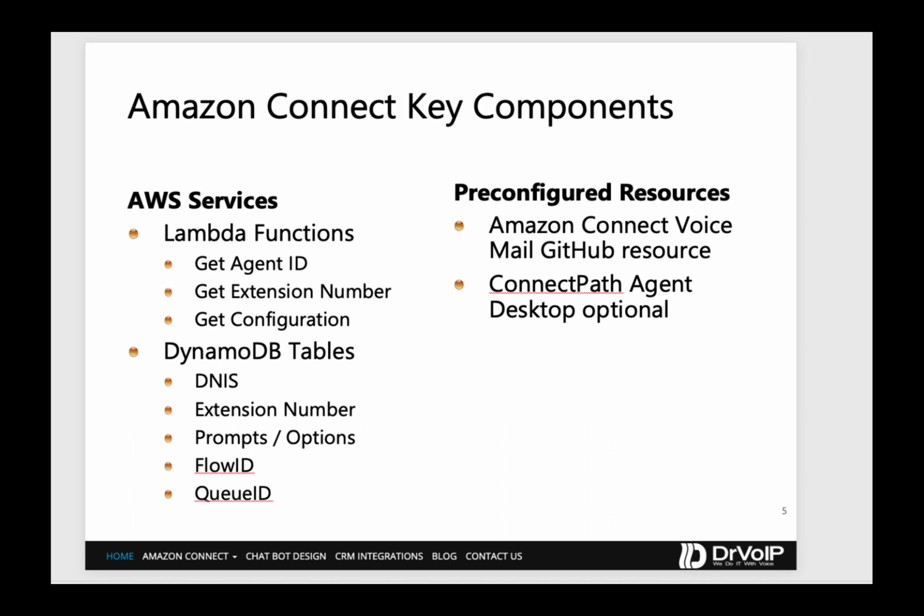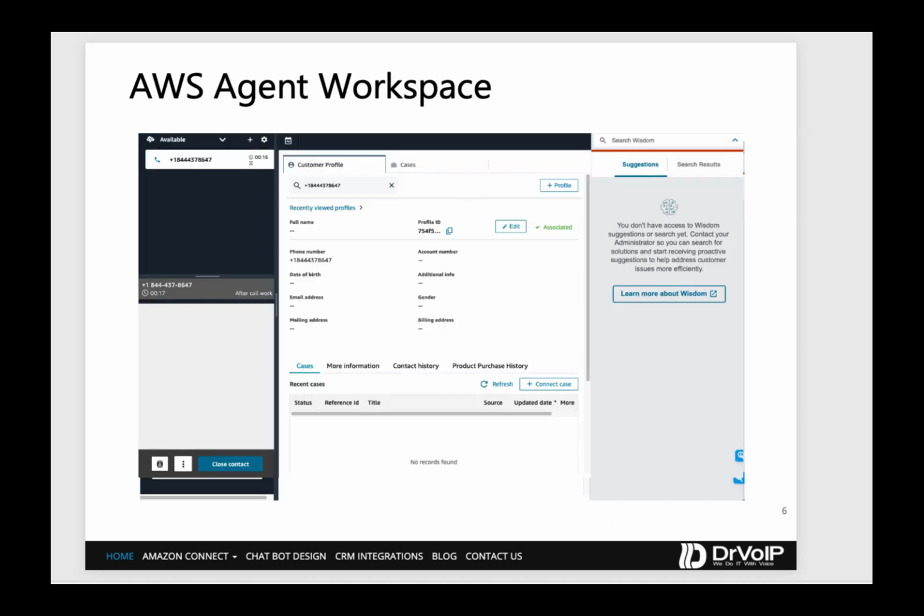Likewise, there's an agent desktop that we recommend, ConnectPath, formerly Dexter, and you will want to take a look at that. Whether you decide to use it or not is up to you, but it is part of this presentation. This is the agent workspace that you get out of the box from Amazon.